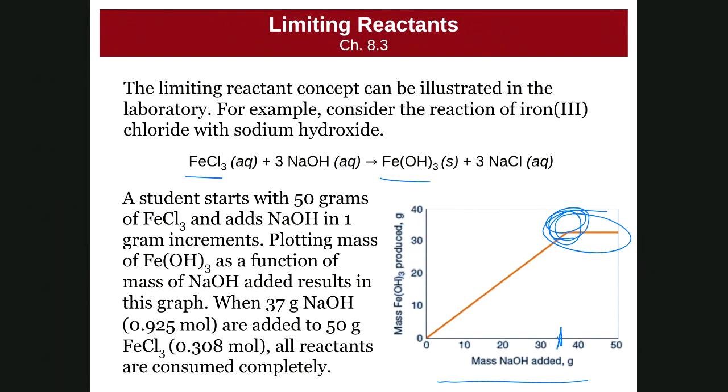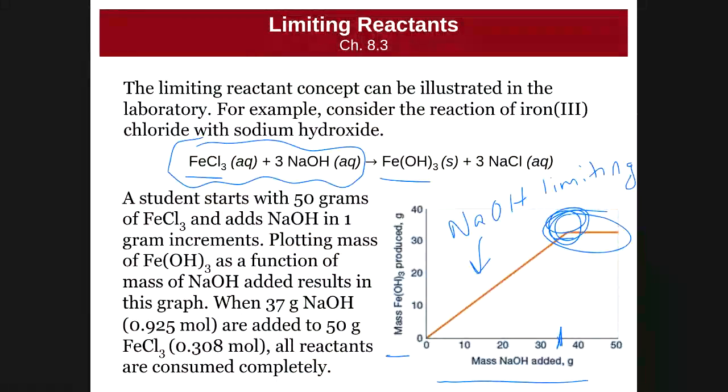So at that point right there, both of them are limiting reactants. Up to that point, the amount of iron hydroxide that was produced was dependent on the sodium hydroxide you started with. So that is where the sodium hydroxide was limiting.